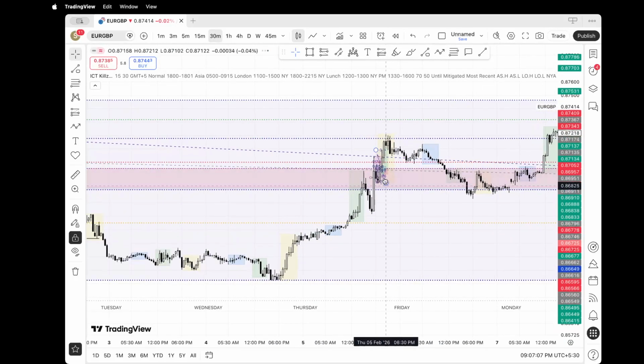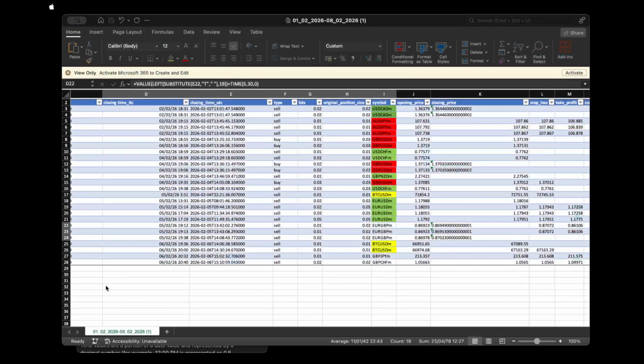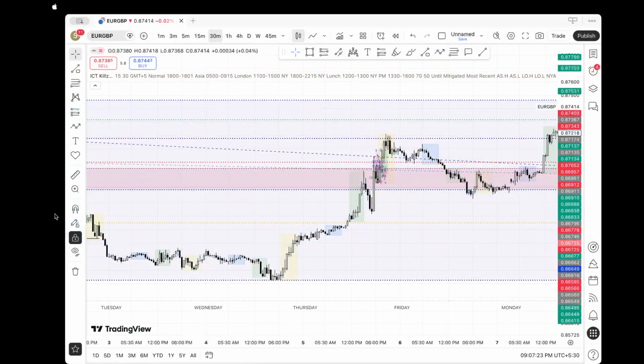It wasn't there only, but so the trade I took. Oh, I made a buy trade. Seriously, I made a sell. A sell trade was made. So if I jump back to Excel, you will see that a sell trade was made for Euro GBP. Coming back to TradingView, Euro GBP, a sell trade, 5th of February.